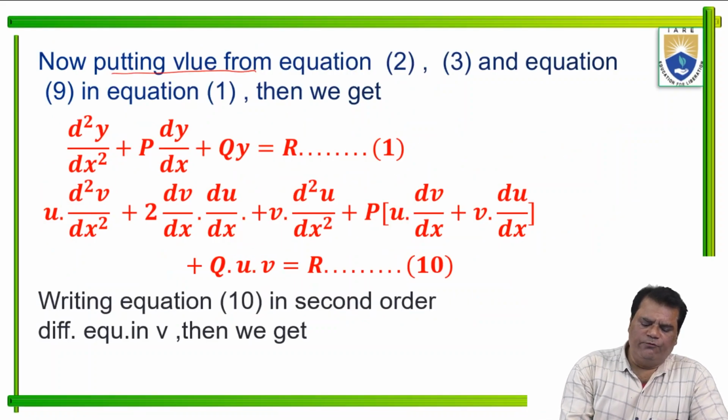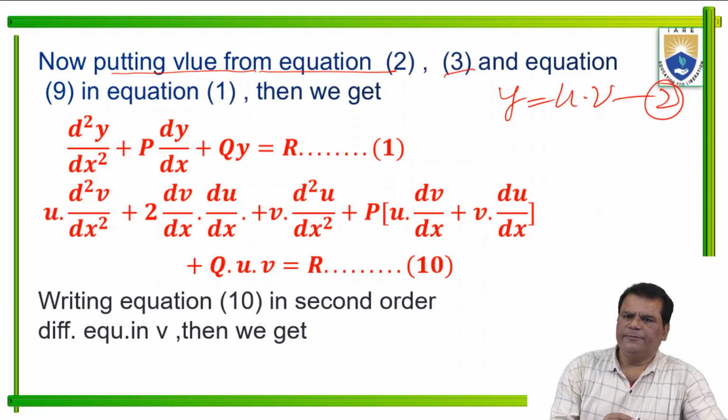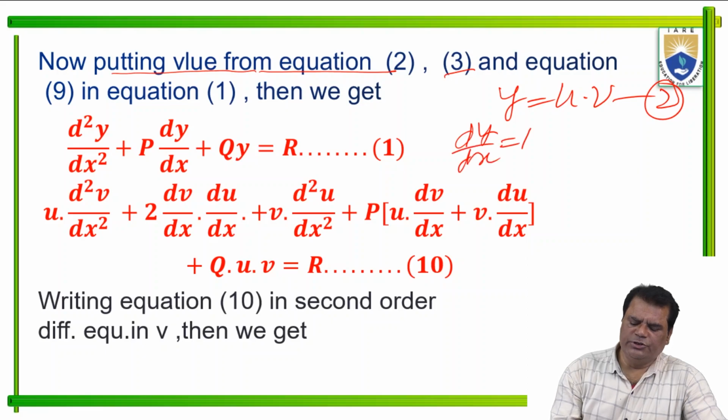Now putting values from equation 2. Equation 2 means y equal to u into v. Equation 3 is dy/dx, this is u dv/dx plus v du/dx.